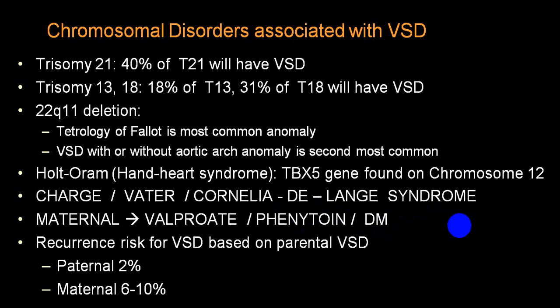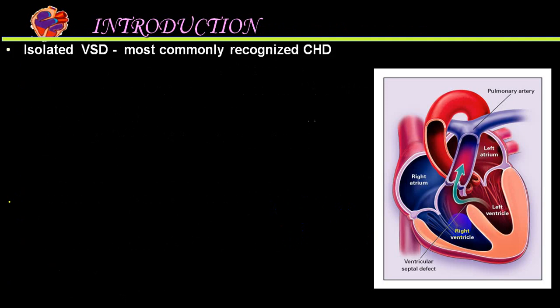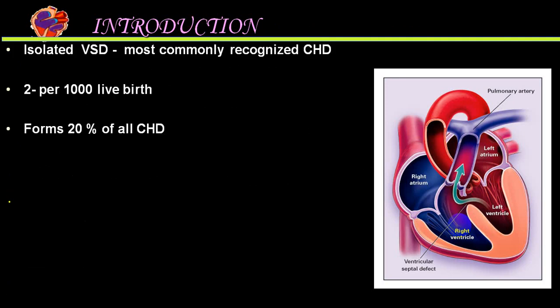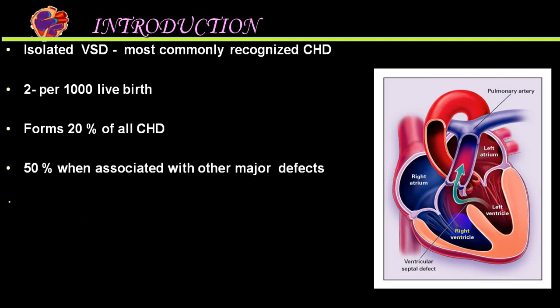Recurrence rate of VSD is high with a strong family history. So these are all congenital conditions. Isolated VSD is most commonly recognized in congenital heart disease. It accounts for, as we have already told you, 20 to 50% of all congenital heart disease, almost 50% of those.